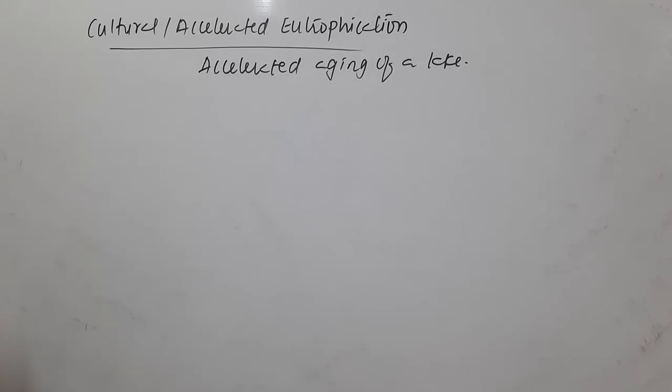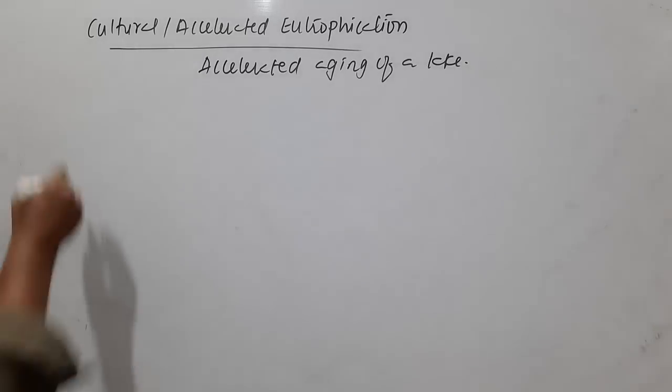The faster aging of a lake is what we call cultural or accelerated eutrophication, and that is all because of human activities. Now, what are those human activities which are actually causing this accelerated eutrophication?